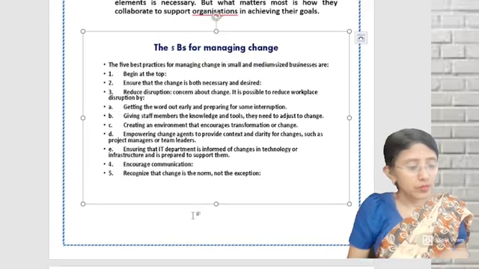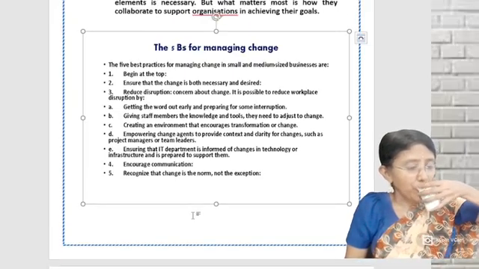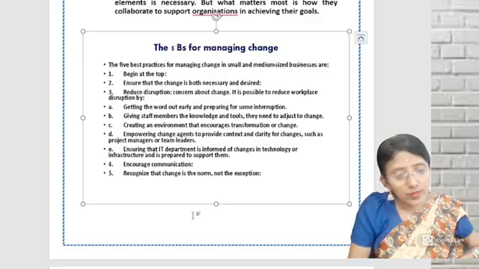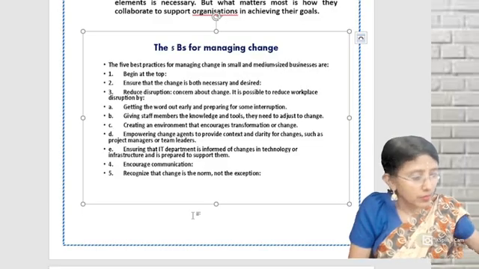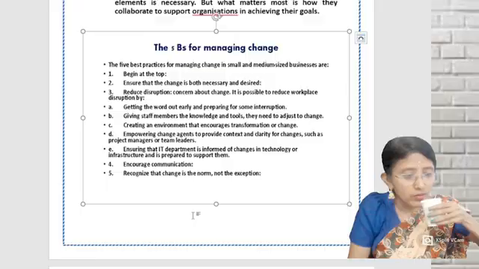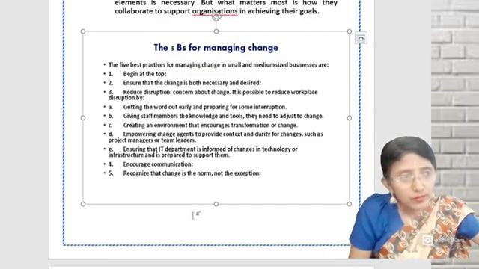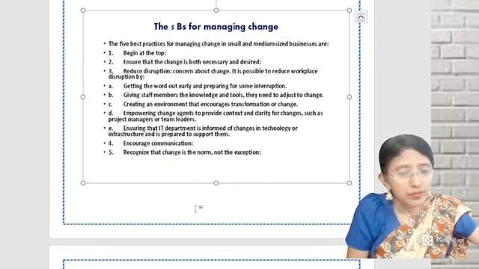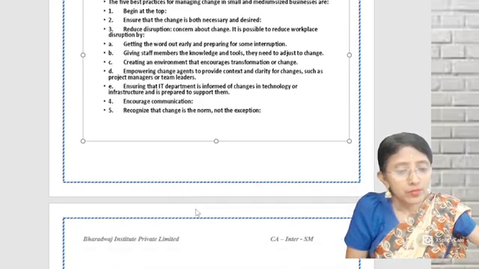C. Creating an environment that encourages transformation or change. D. Empowering change agents to provide context and clarity for changes, such as project managers or team leaders. E. Ensuring that the IT department is informed of changes in technology or infrastructure and is prepared to support them. Encourage communication. Recognize that change is the norm, not the exception.